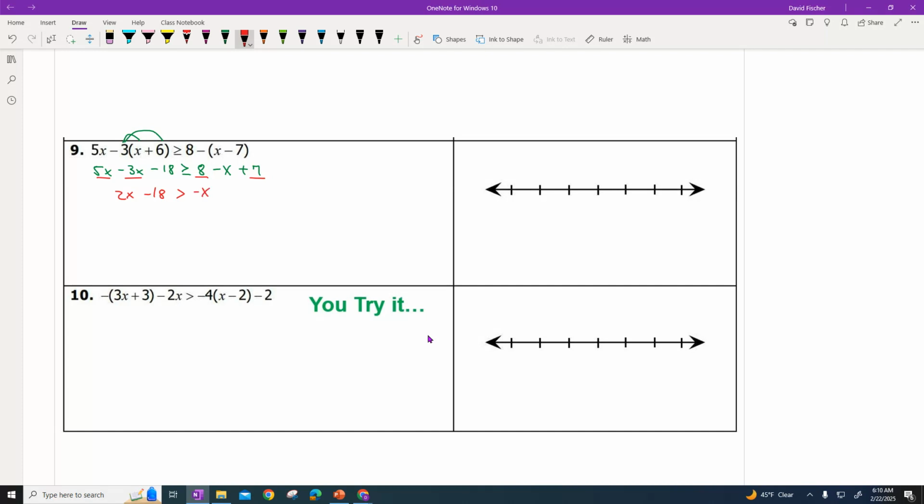8 plus 7. Let's get rid of my x to the left.